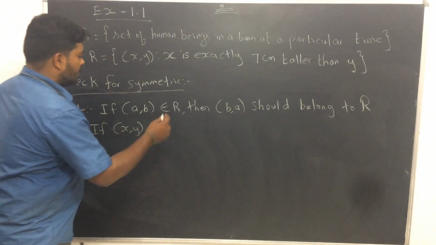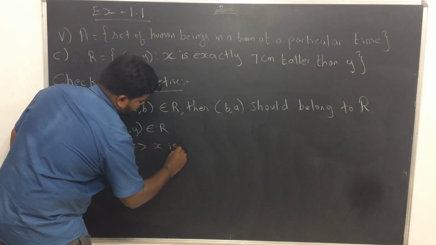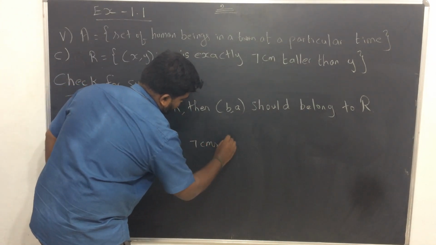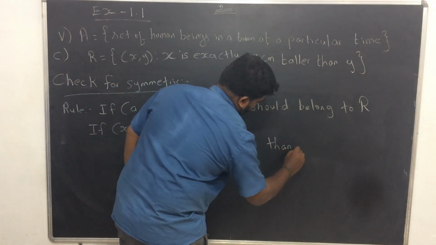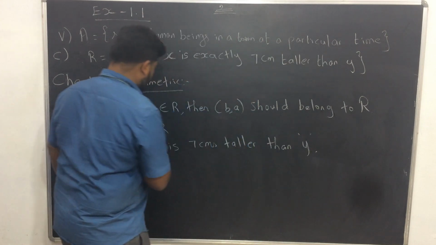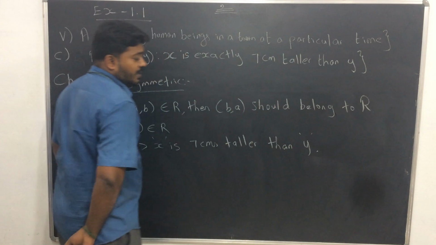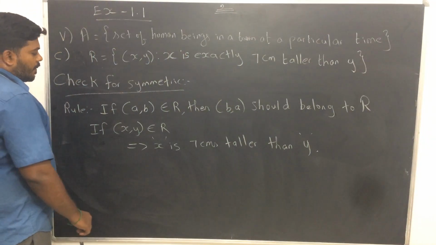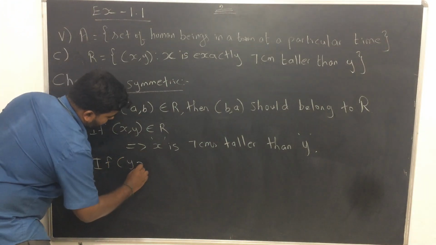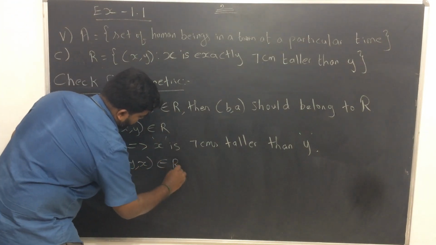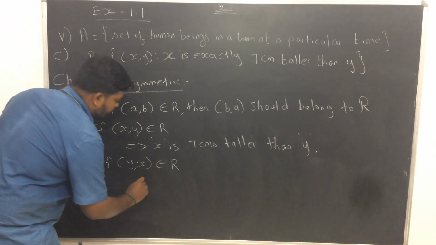Now let us assume that (x, y) belongs to R. What does it imply? It implies that x is 7 centimeters taller than y, according to the condition for the relation. Now, if (y, x) belongs to R, what does it imply?